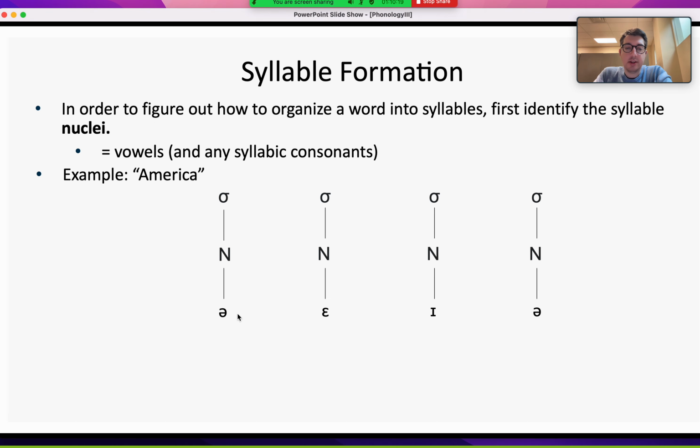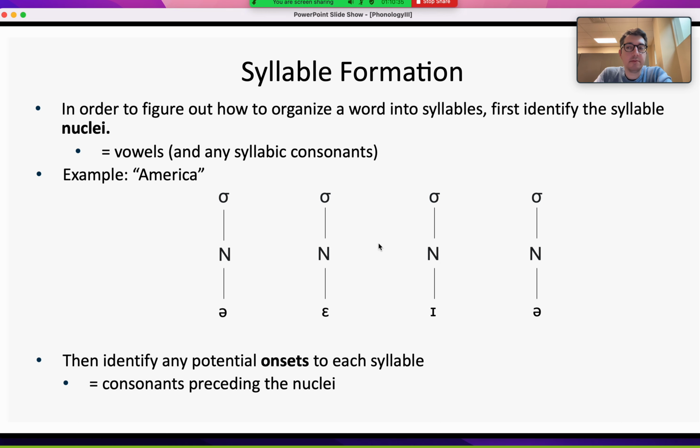For example, in America, there is a, e, i. These are our nuclei. We don't have to go further. That's it. Then we can identify any potential onsets, such as m, right? Onset, onset, k, onset. Very simple. Consonants preceding the nuclei.